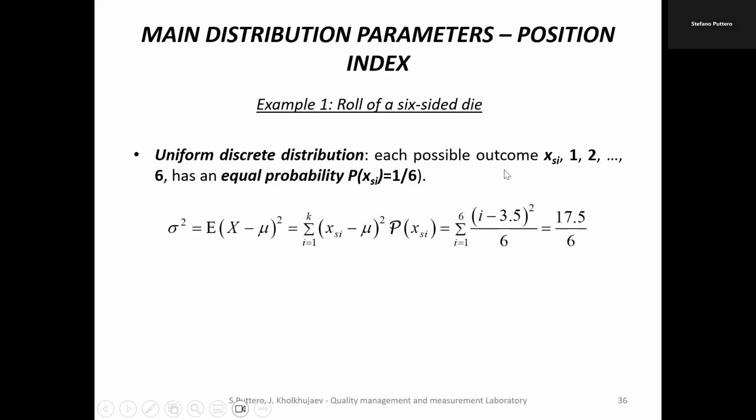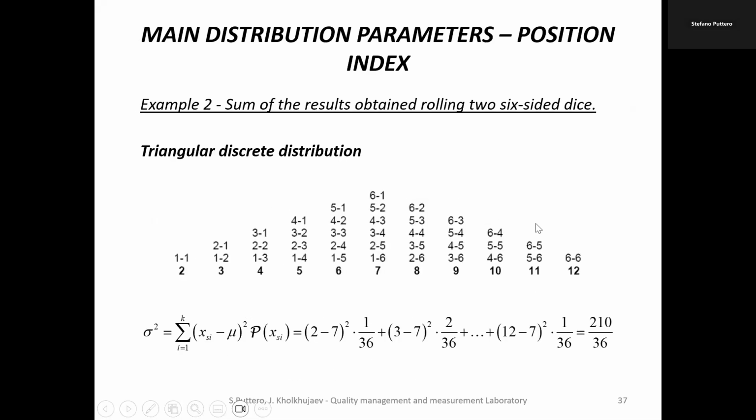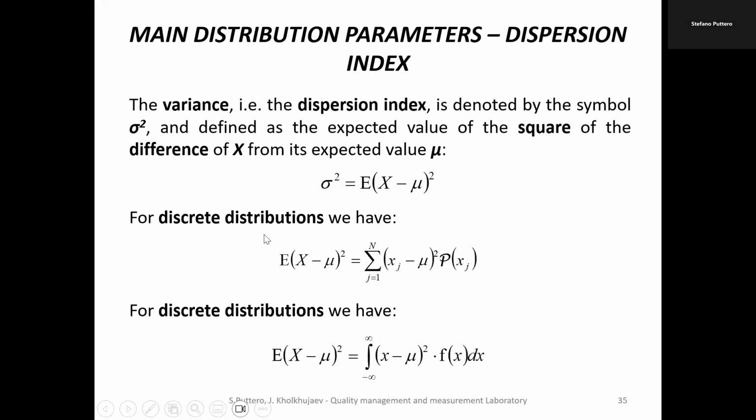So again, here we have the example of the rolling of a six-sided die. Okay, here we have the formula, and if we use the formula described here for discrete distribution, we can solve the example.